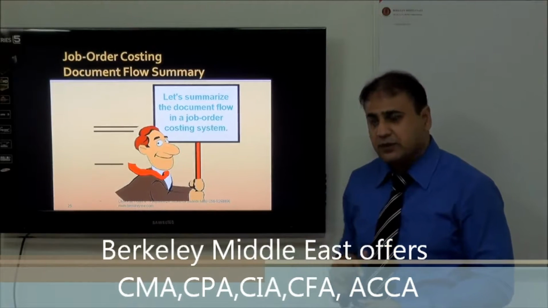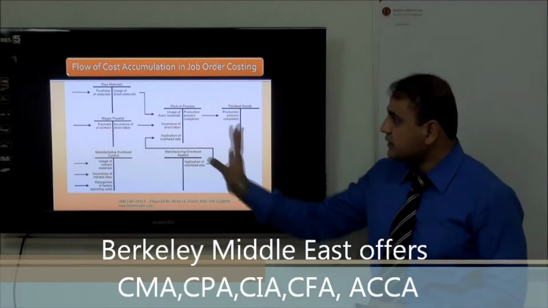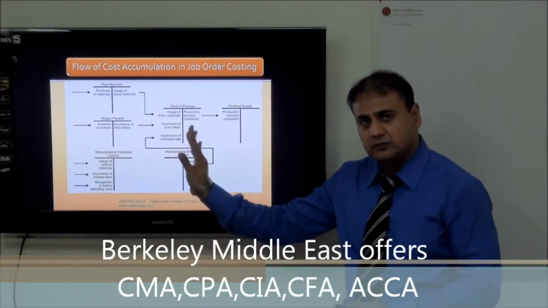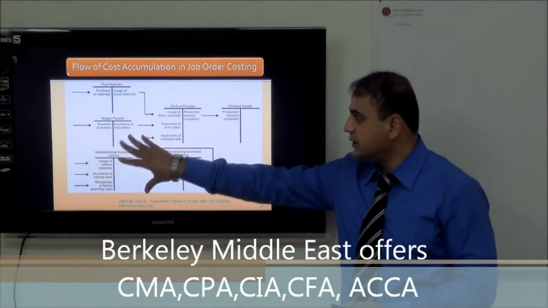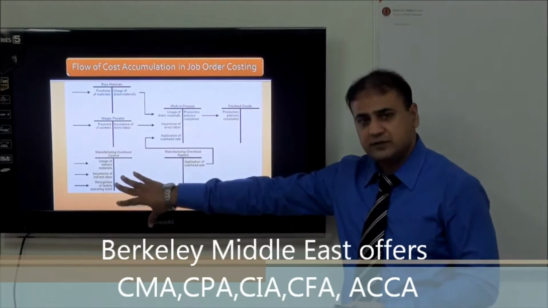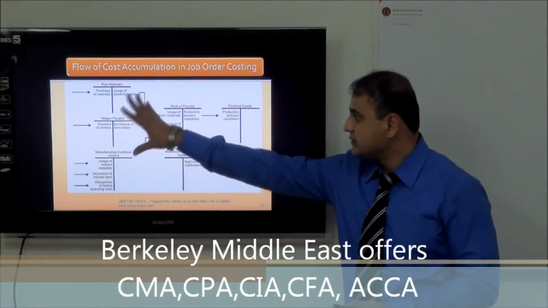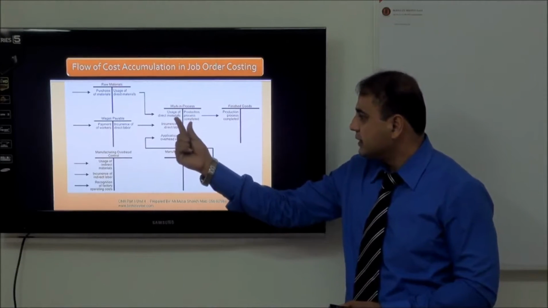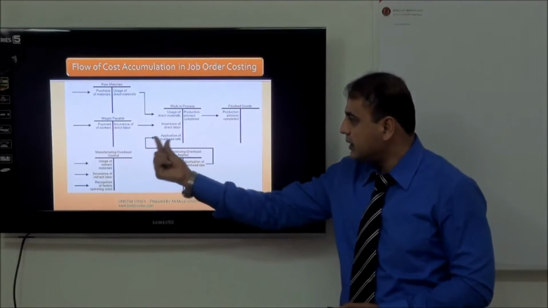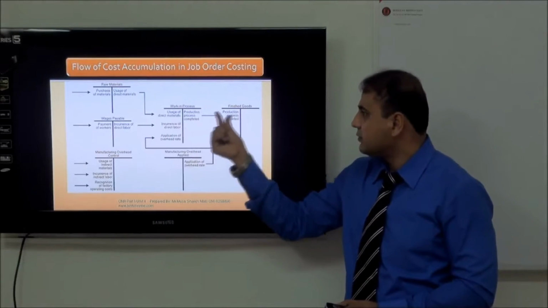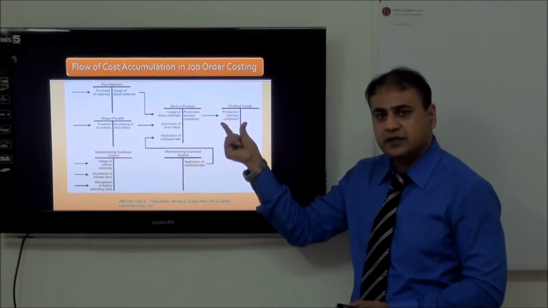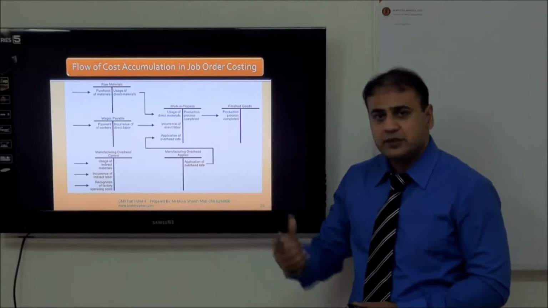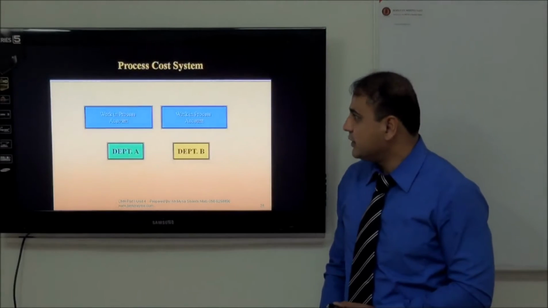Let's summarize the documents, and this is the process of cost accumulation in summary form. This is the raw material, this is wages payable, this is manufacturing overhead control. This goes into work in progress, and from work in progress and manufacturing overhead applied, it comes here, and from that we process everything into finished goods, where the production is formed in real terms.